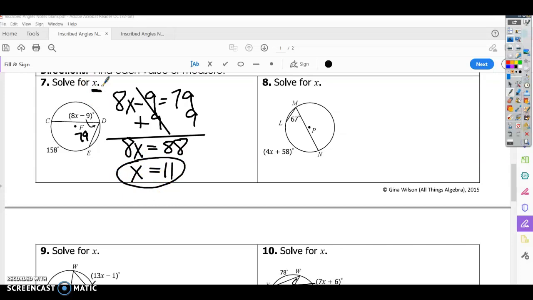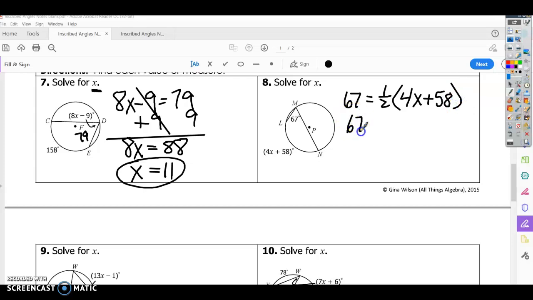All right, number 8 says solve for x as well. So we're given the inscribed angle, which is 67, and we know the angle equals half the arc measure. So the arc measure is going to be 4x plus 58, and then we can solve from there.